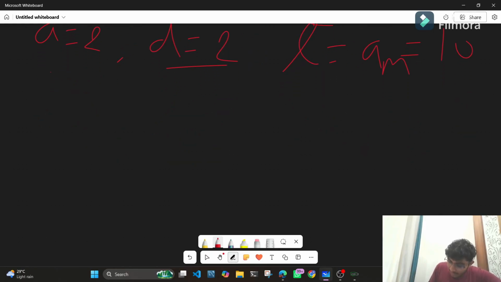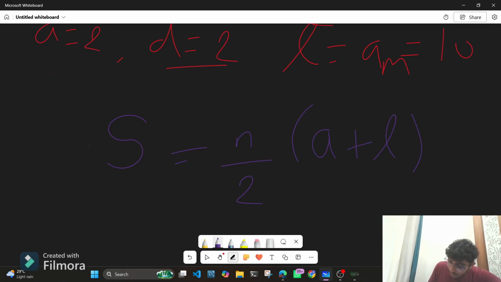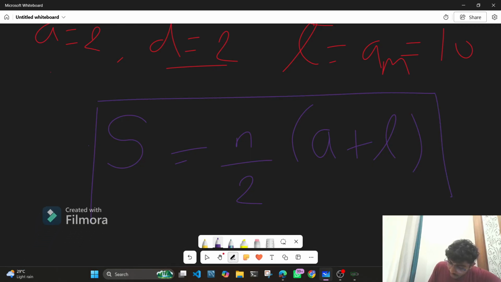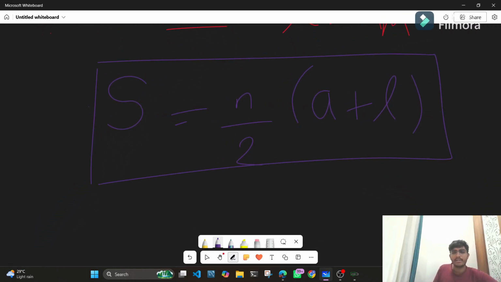In this case, we can directly use the formula S is equal to n by 2 times a plus l. This formula can be used when we are directly given the last term and we need to find the sum of all of these terms.